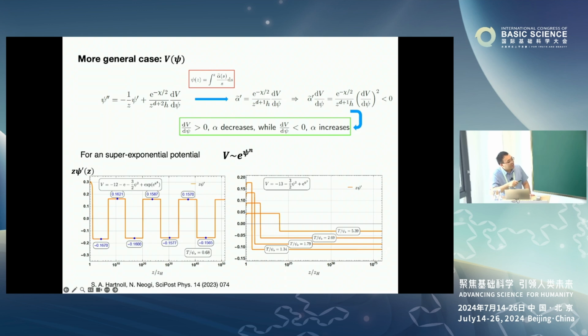And indeed, we can check this, like consider some super exponential potential, like e to the ψ to the n. If n is an even power, like n equals 8, you can see some very interesting oscillation, but this component just decreases.